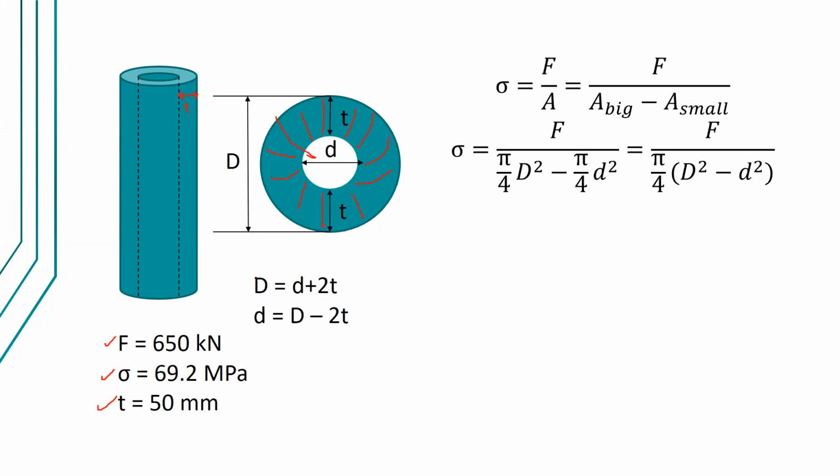So we know that this big diameter here is actually the sum of this diameter, small d, and twice the thickness. All right, so inner diameter plus 2t, that will become D equals d plus 2t. And solving for small letter d, or the inner diameter, we will have the outside diameter minus 2t.